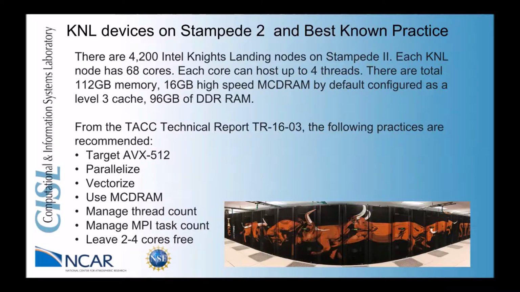We need to manage the thread count, usually between 1 and 4, and we need to manage the MPI task count. We want to put 1 or 2 MPI tasks on each core. Because 68 is a strange number, usually we will leave 2 to 4 cores free, and the most common practice is we use 64 cores.